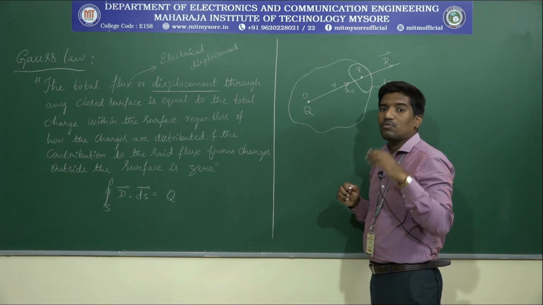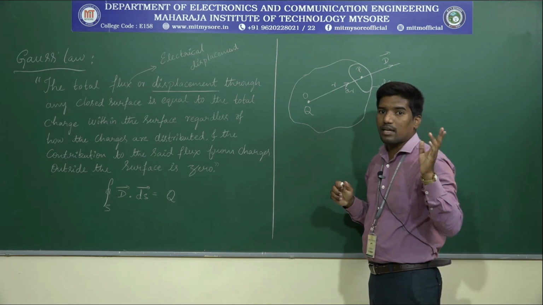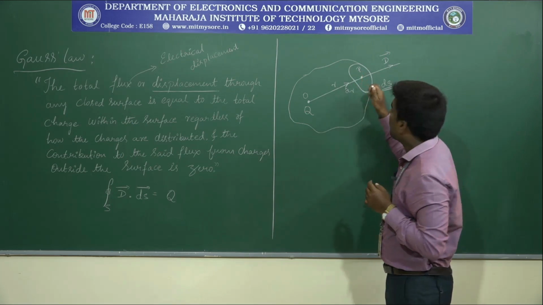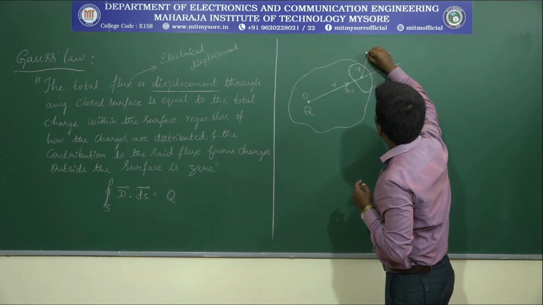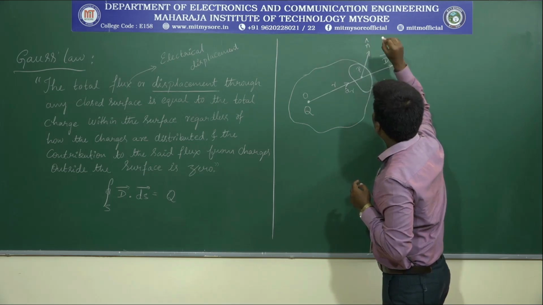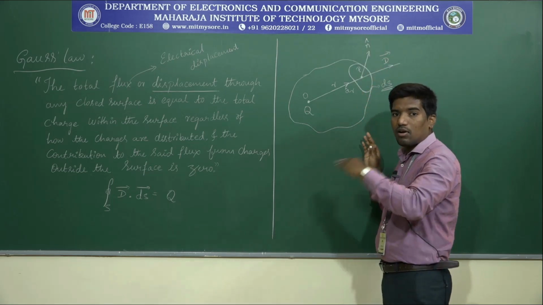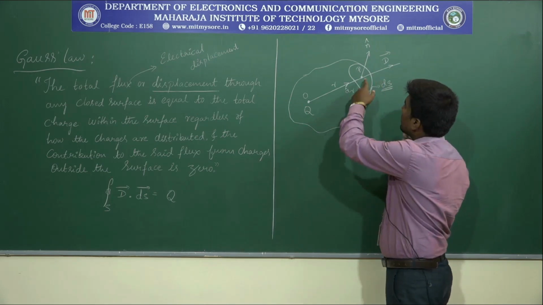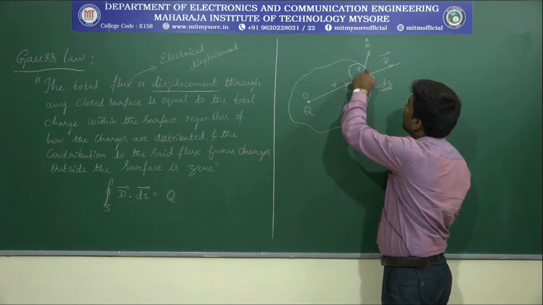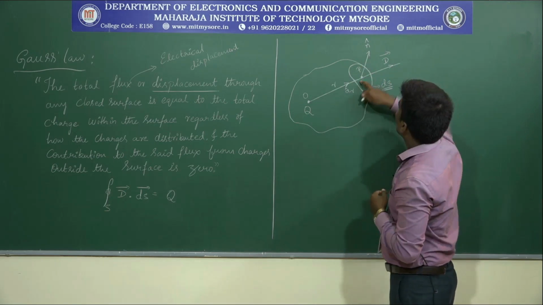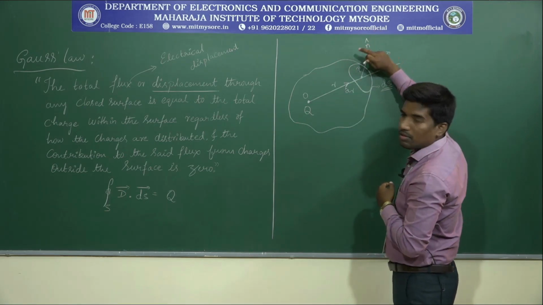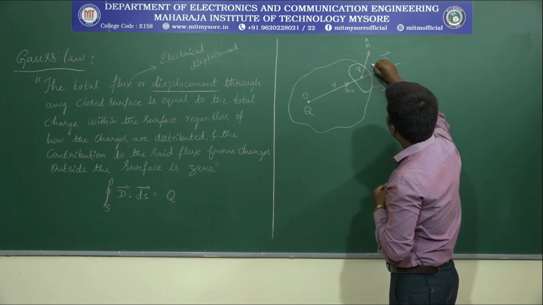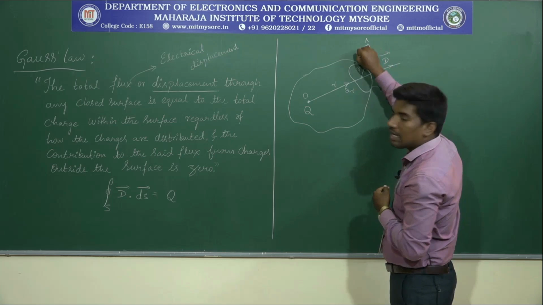Under that circumstance, as I explained in the previous class, we need to consider a unit normal vector n cap. When the surface is not normal to the flux lines, we consider a unit normal vector which is erect normal to this elementary surface ds, which forms an angle theta between D and n cap.